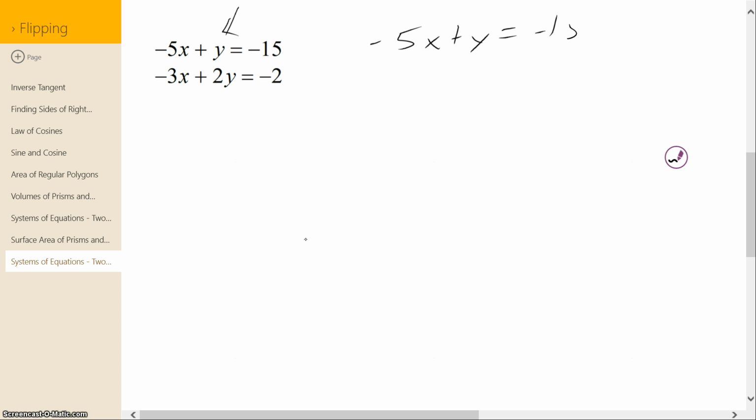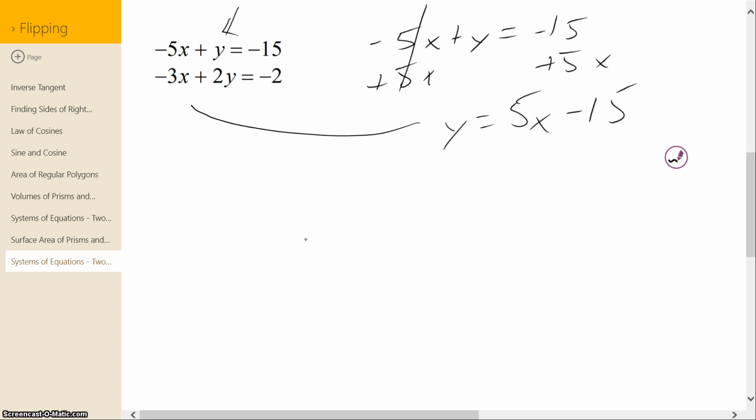If I isolate the y, then I can do substitution very easily. I need to add 5x to both sides. So this leaves me with y equals 5x minus 15. I'm going to plug this into that spot right there in the second equation.